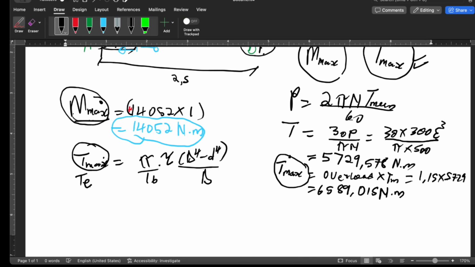We don't directly add the two. So, look here. If you go to page 83, you will find that torque equivalent is equals to the square root of bending moment square plus T square.